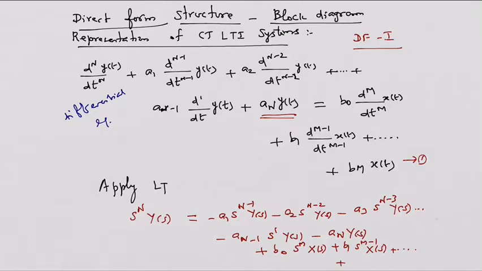The last term of this expression will become bm, yes, bm X of s. So I have equation number 2 with me because of the usage of Laplacian transform on it.